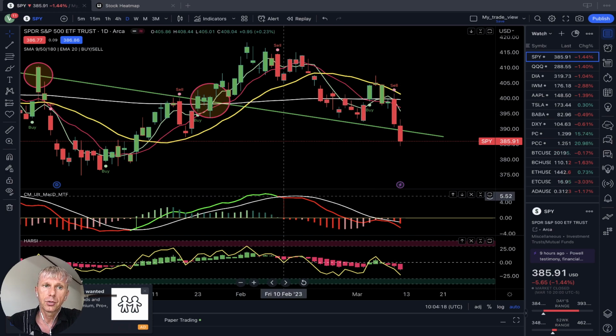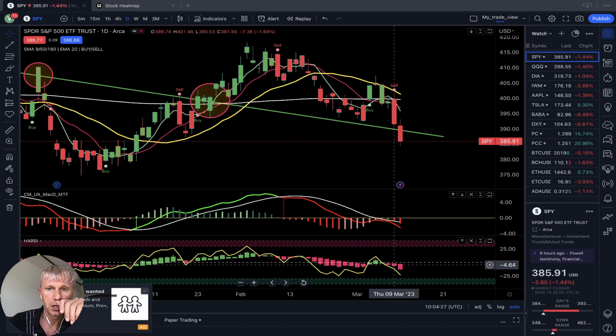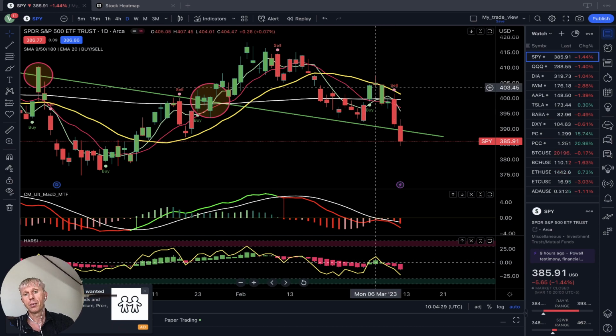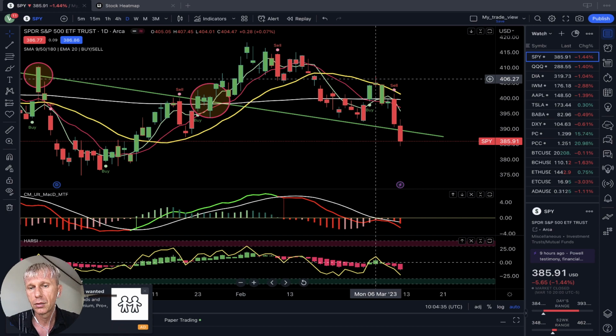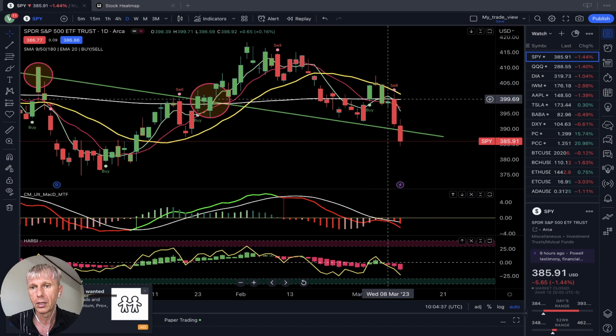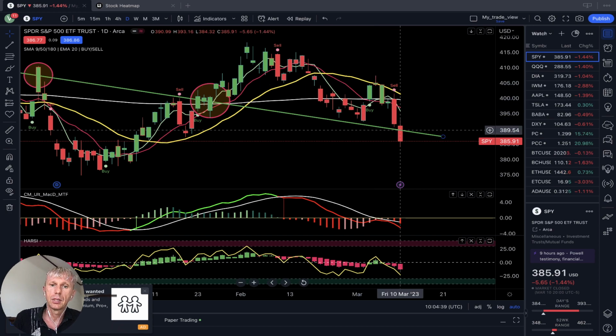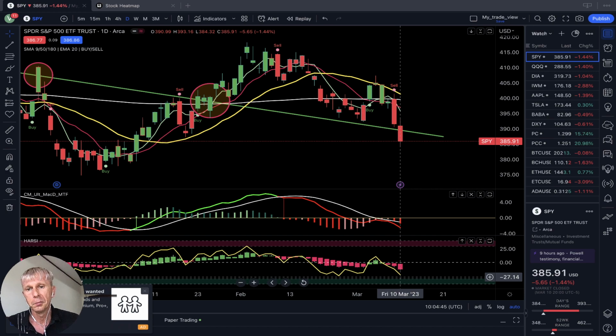It's been bearish on the daily time frame since February 9, bearish trend, no changes. There was a bull trap over here, for three days. It was a strong bull run, retested MA20 and was rejected from MA20. Now it's in the bearish trend. Bearish trend on all indicators on the daily time frame for SPY.